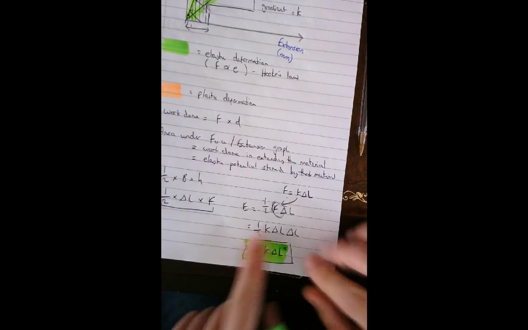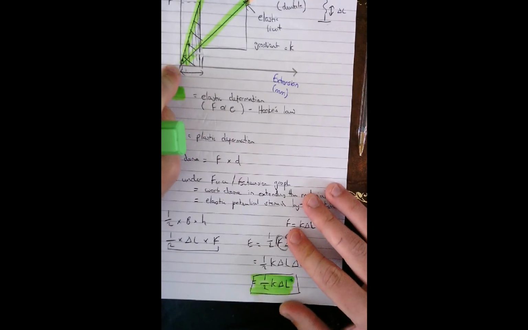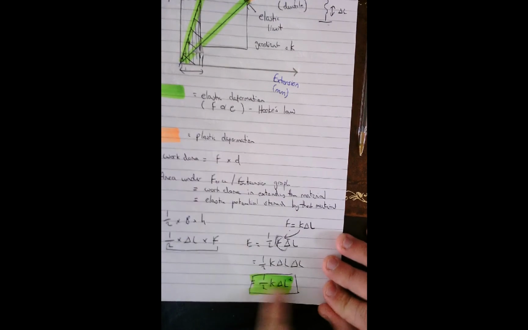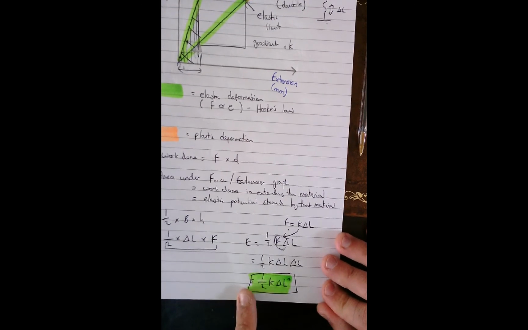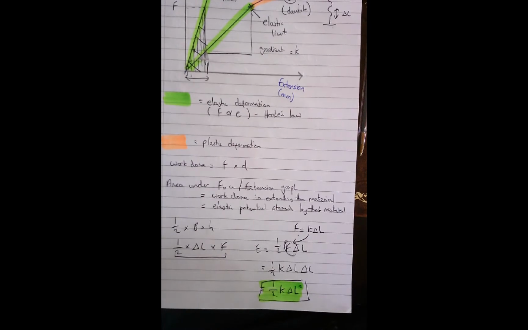So please just bear in mind that we've got this formula, which comes from working out the area under a force extension graph, and we can then get this half k delta L squared, which gives us the energy stored. And it's telling us that the energy stored is proportional to the square of the extension.